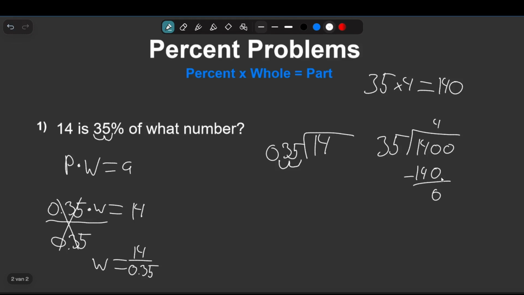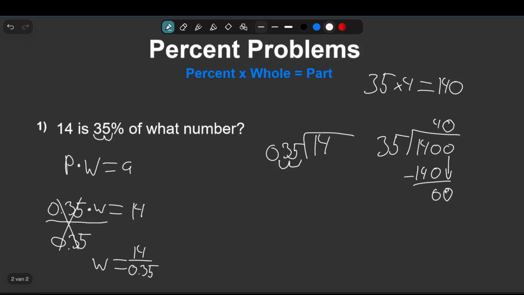So we're going to bring down our 0 right here because we have this 0 left, and we get 0 and 0. So basically just 0. Now we're going to look at how many times 35 fits into 0. Well, 35 fits exactly 0 times into 0, so we can write this down right here.